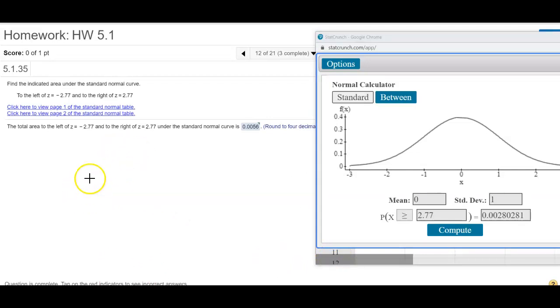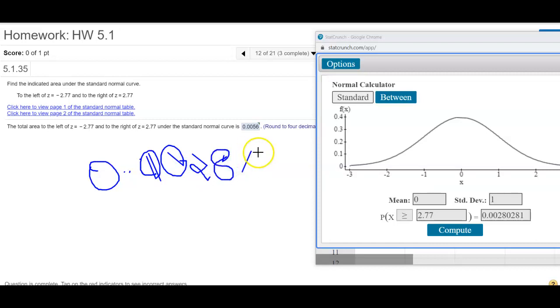So this is simply 0.0028 times 2, which gives you 0.0056.